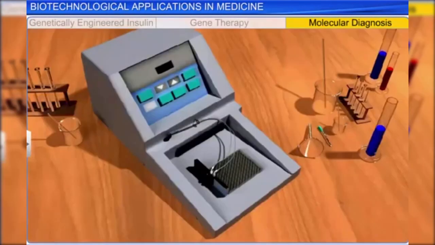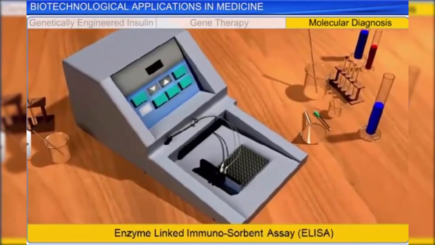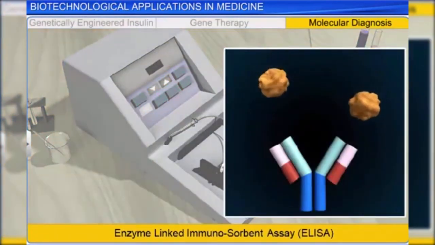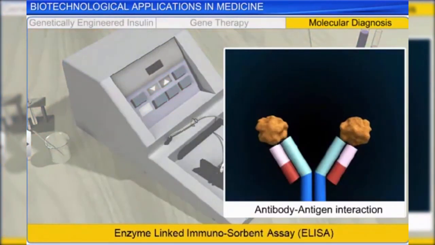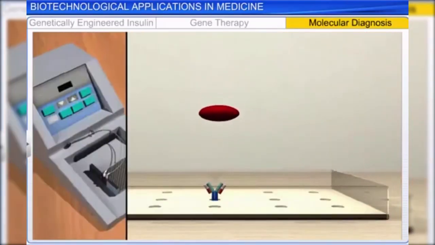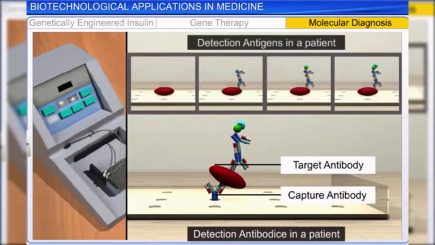The other method of molecular diagnosis is enzyme-linked immunosorbent assay or ELISA, which is based on the principle of antibody-antigen interaction. It can detect the pathogenic infection by the presence of antigens such as proteins and glycoproteins, or by detecting the antibodies synthesized against the pathogen.